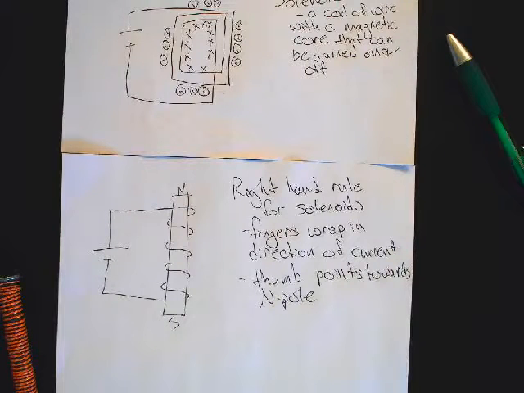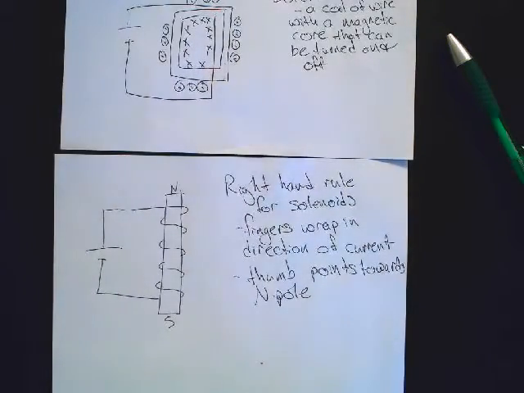Because the red line is the positive end, I'm making sure that my fingers are following that positive end in whichever way it wraps around the coil. How do I know to start from here? Because that's where the red line from the positive end is? Yeah. I knew I connected the positive end here, so I knew I wanted my fingers to follow that.